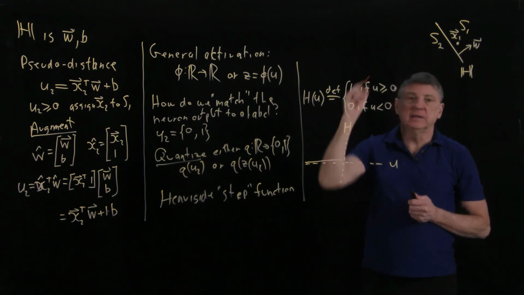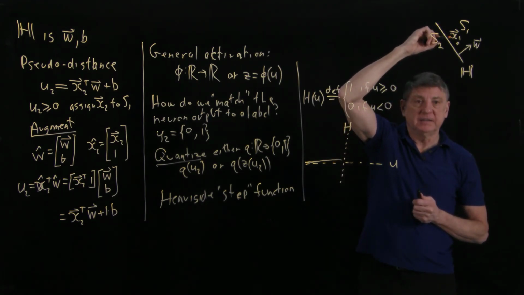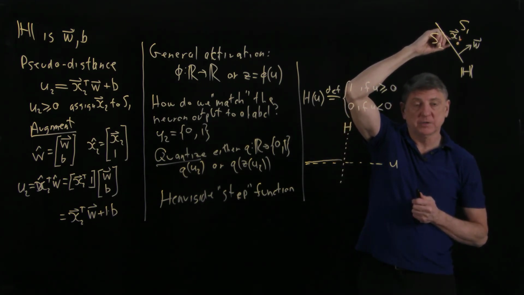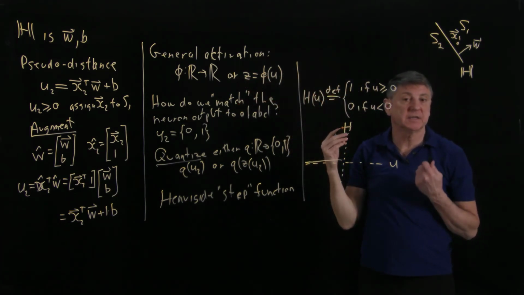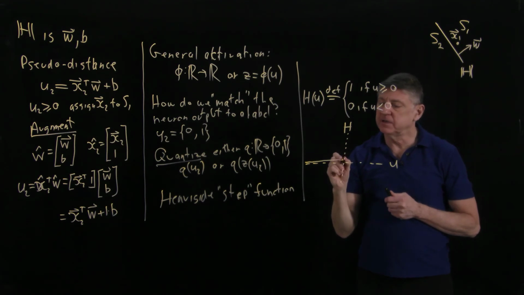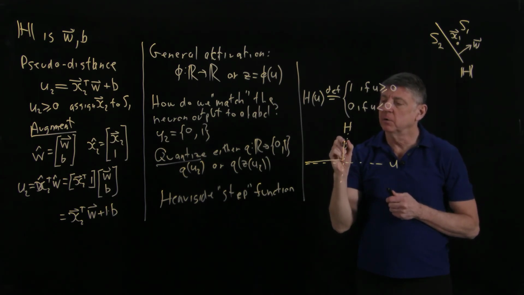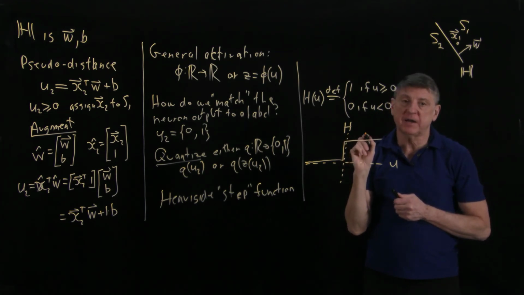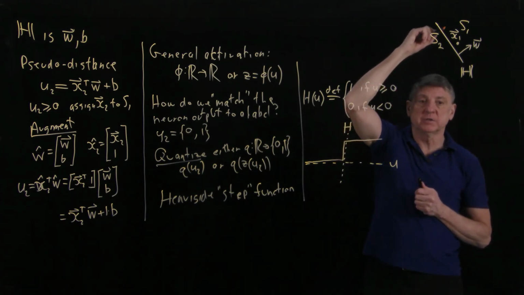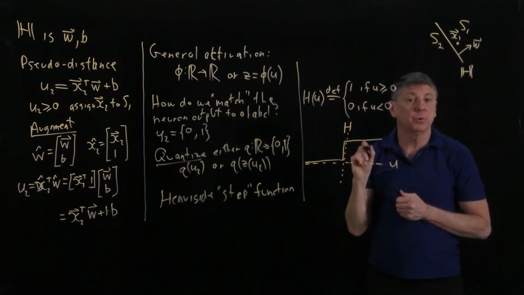Now, imagine that the data vector that we have is on the positive side. When we calculate that pseudo-distance, what we'll find is that it's a positive number. And the Heaviside function for a positive number will jump up, and it will now classify every vector that's on the positive side of the hyperplane by outputting a 1.